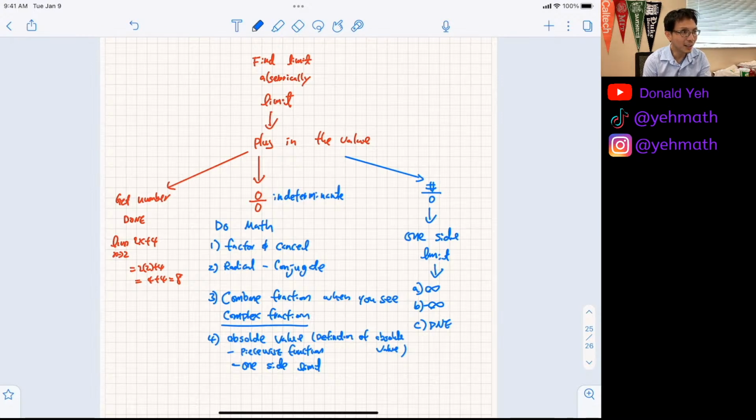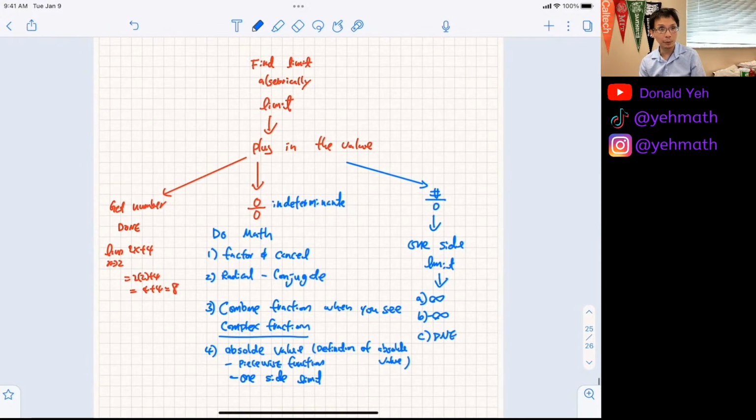Right now, it's not suggested to use L'Hopital's rule because you don't know how to take a derivative, so you cannot do that. That's why it's not on here. There are also infinite limits we're going to talk about. But overall, in the first week when we deal with limits, it's going to be all this. D and E mean does not exist.